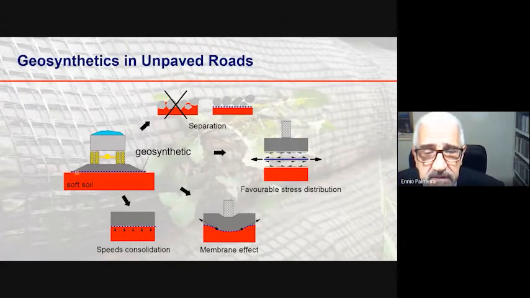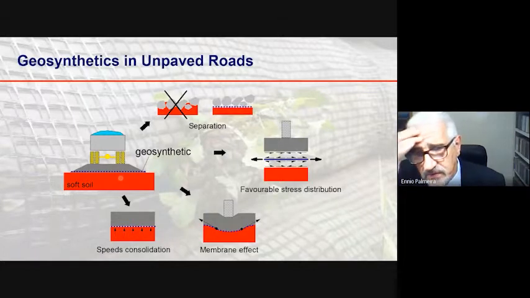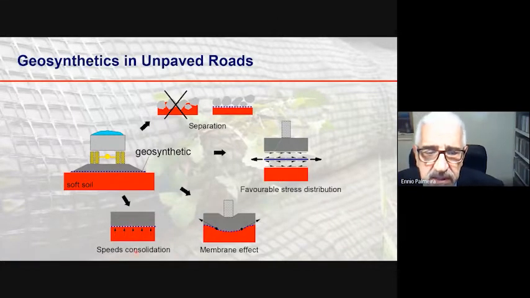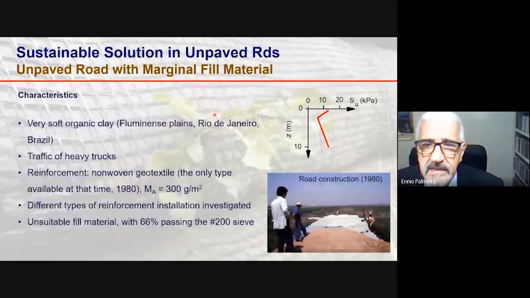And if we use an additional layer here for drainage, or we are using a geocomposite for reinforcement, which also provides drainage capability, we speed consolidation of the soft soil, increasing its undrained strength. So let's see an example of an unpaved road constructed with a marginal fill material.